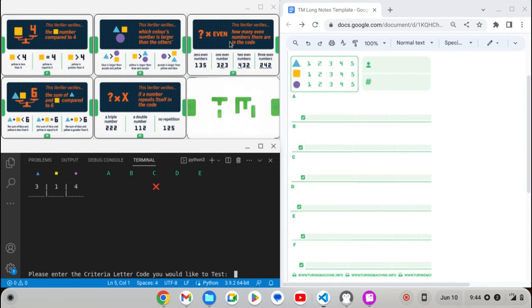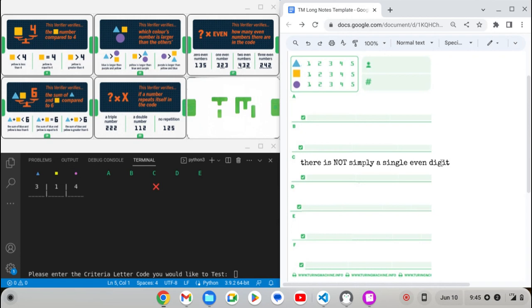So I'll put down, let's see, this is criteria card C. So in my notes for C, I'll simply say that there is not simply a single even digit. So obviously that still leaves the door open for there to be no evens, 2 evens, or perhaps all of them be even.